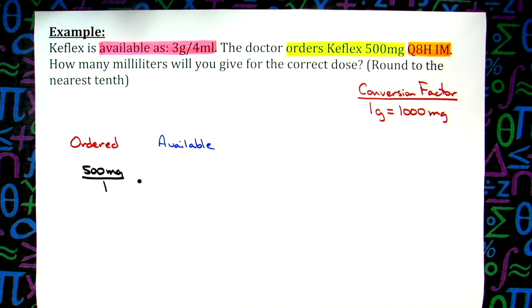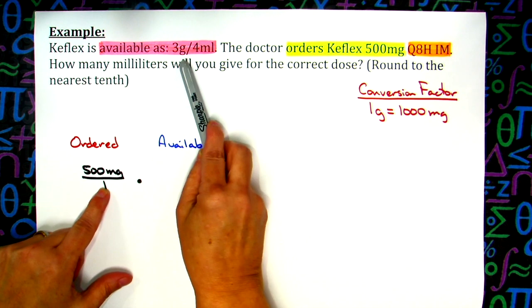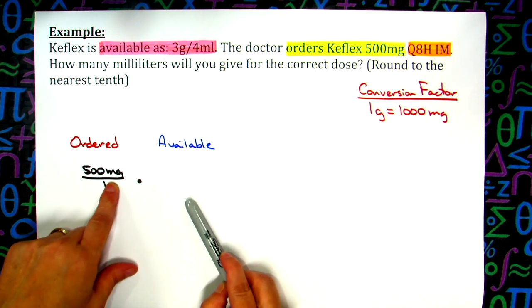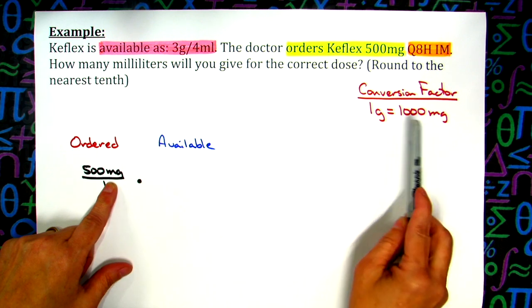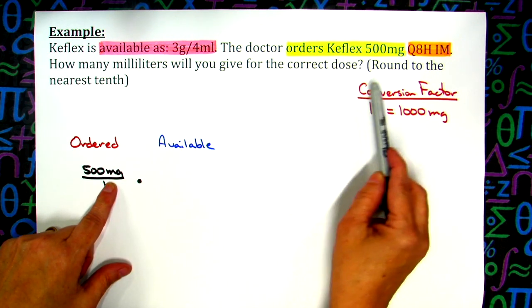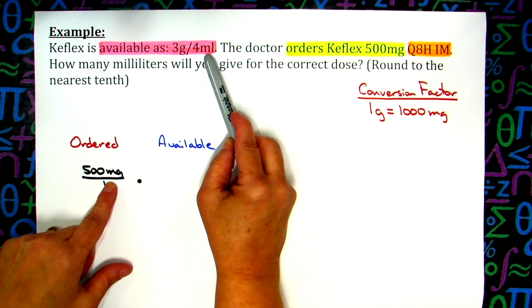Okay, now you've got to decide where you're going to place things. Grams and milligrams are not going to cross out. So therein lies the problem. I can still use unit analysis if I use this conversion factor later. Now, the question is, how many milliliters. So I have milliliters here. I want that to be my answer.